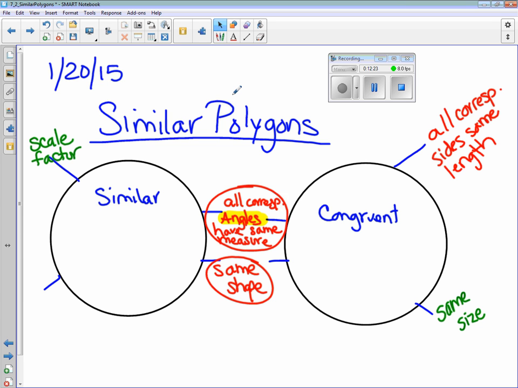So congruent figures have a scale factor of 1. Similars can have a scale factor of 1, but they can have other scale factors, 2, 1/2, 3, 0.27, 216, any number you want, any positive number.